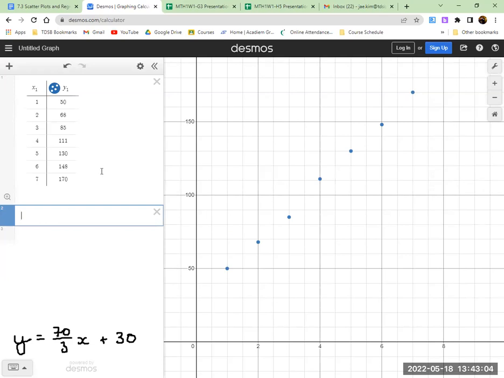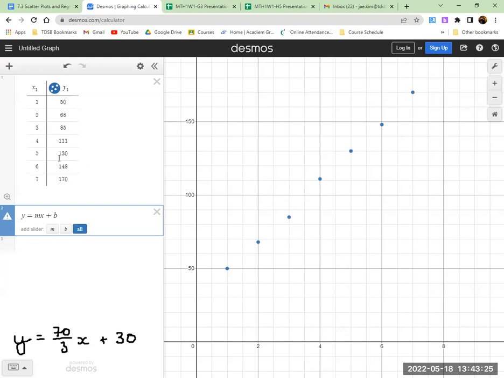How do we do it? Well, you know that the line of best fit should be y equals mx plus b, right? But it's not just any y. It's not just any x. What's my y here? It's all of this.